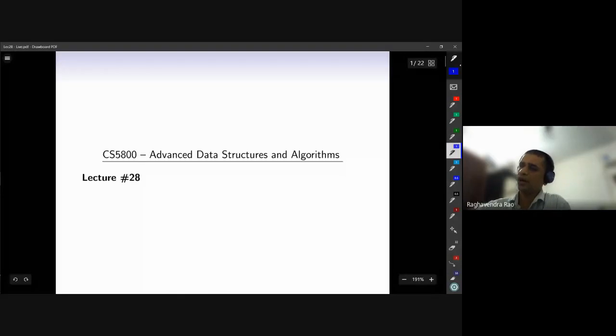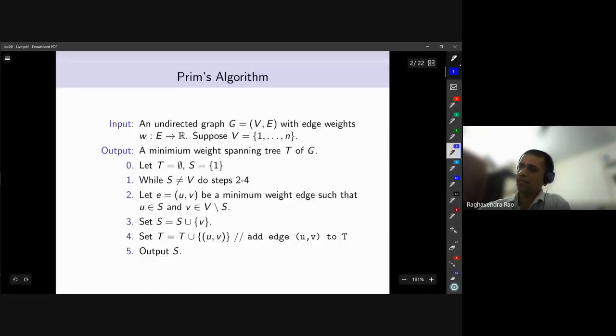We are growing the tree, adding one edge every time, and the set S grows from 1 to n. So the total number of iterations of this while loop is n minus 1. So n minus 1 times something is going to be our complexity.